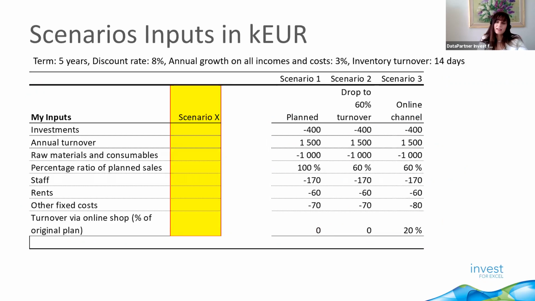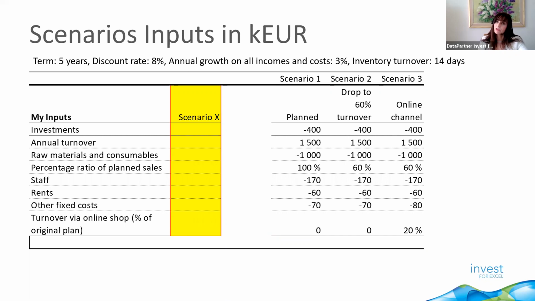Here are just several inputs for this case study. Investments for 100,000 euros, planned annual turnover 1.5 million, costs of goods sold 1 million, and also some fixed costs like staff, rents, other fixed costs: 170,000, 60,000, and 70,000. The term of this model is 5 years.